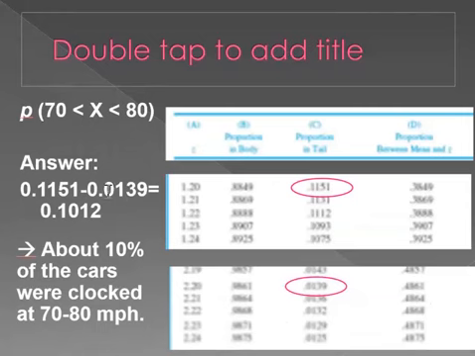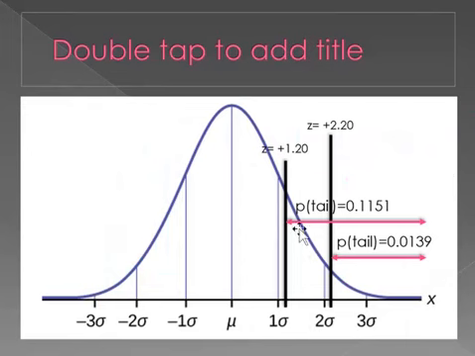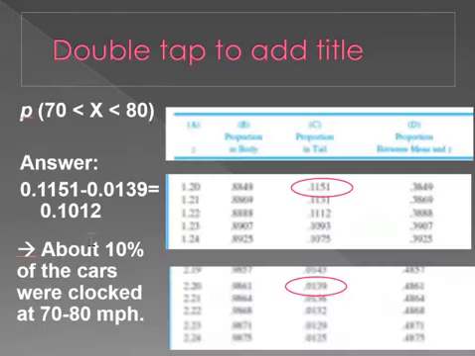And if I subtract those values, right, I found them in the tail. If I subtract the smallest from the largest, I get a proportion of 0.1012. So the proportion of scores that fall in this area, between these two z-scores, is 0.1012.